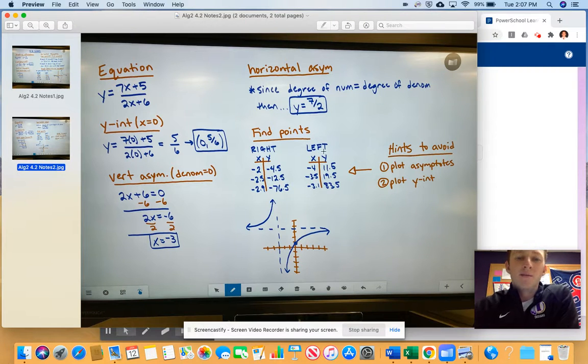Now we need to find some points. You could do it this way: pick points getting closer and closer to our vertical asymptote of -3, like -2, -2.5, -2.9, getting closer from the right, and you could choose points getting closer from the left, like we did over here. Or I would plot the vertical asymptote and the horizontal asymptote first, and then just plot your y-intercept, which was at (0, 5/6).